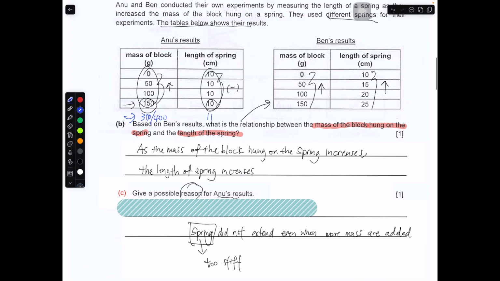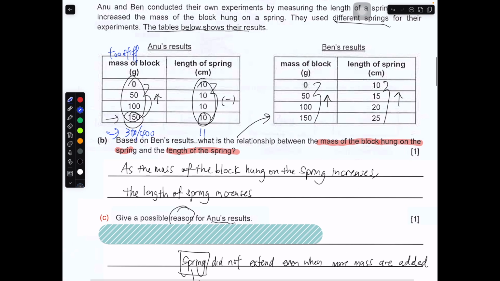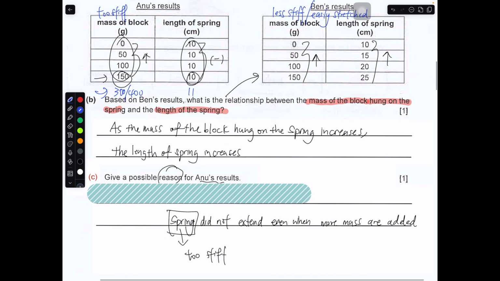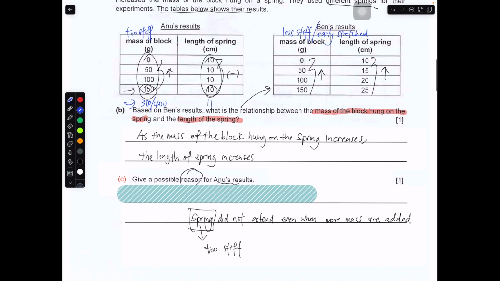Anu's spring is too stiff, but for Ben, it's less stiff. It's easily compressed or easily stretched, or extended.